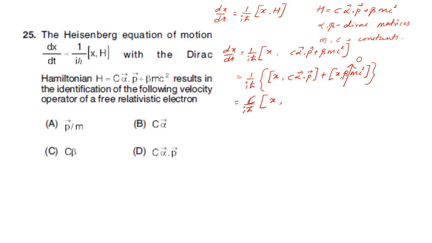So alpha dot P can be written as alpha x Px plus alpha y Py plus alpha z Pz. So that is c/(i h cross) times [x with alpha x Px plus x with alpha y Py plus x with alpha z Pz].